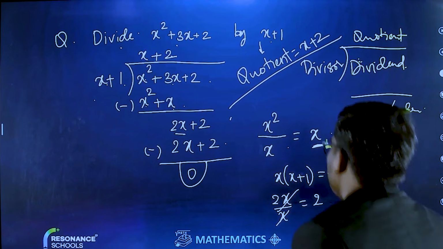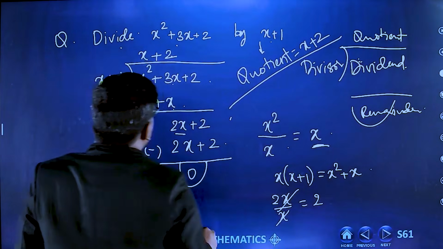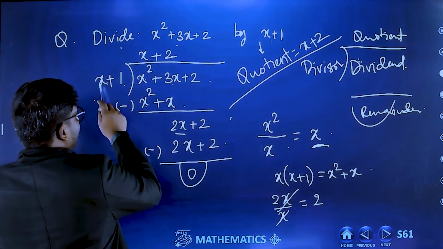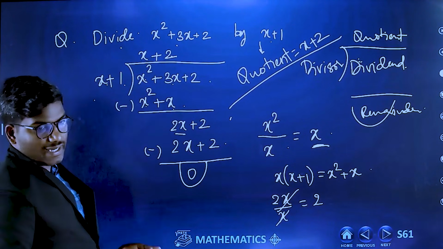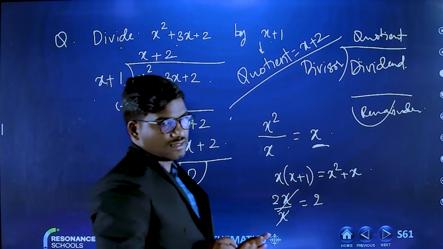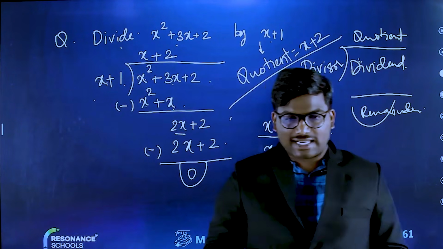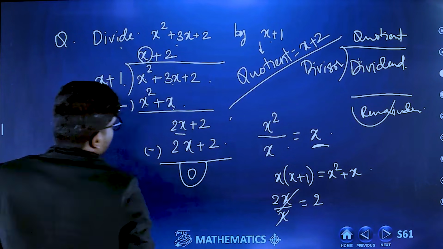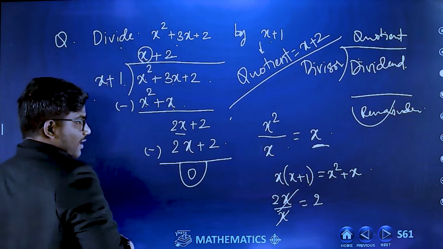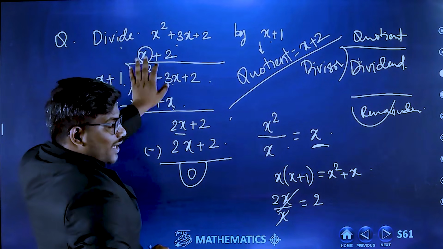Alright, we'll start off with what should be multiplied with x to give x square. We should multiply x, right? I think that part is clear. That is why we write an x here. Once we write an x here, x is a part of the quotient now.